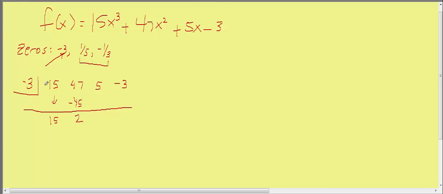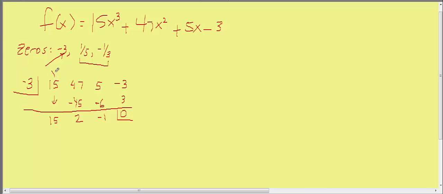That gives you 2. -3 times 2 is -6. Add that to 5 gives you -1. -3 times -1 is 3. You get 0. Because of this 0 remainder, that means that this is a factor. And anytime you have a 0 that you can get off your calculator easily like this, it's really nice to set this up like this.